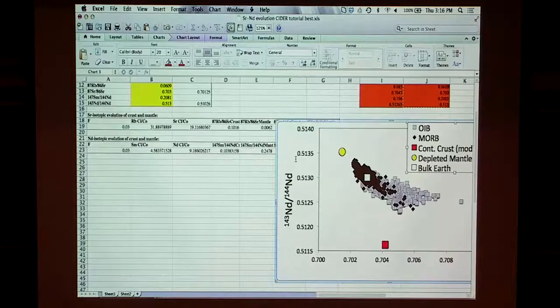And if we had better partitioning constraints, then we could start to look for the signatures that would be associated with calcium perovskite. A couple of signatures, for example, here's one. Barium and strontium are incredibly compatible in calcium perovskite. Niobium, tantalum, titanium are not. Hafnium, zirconium are not.